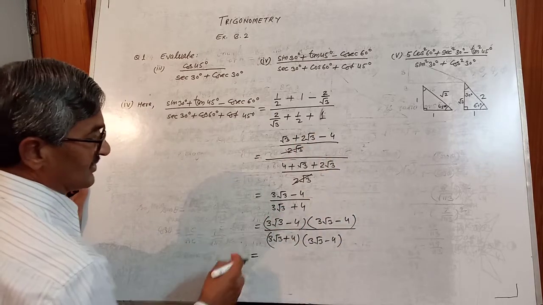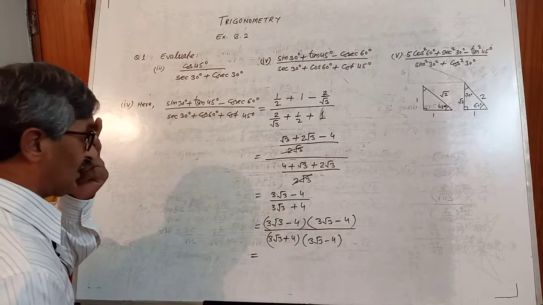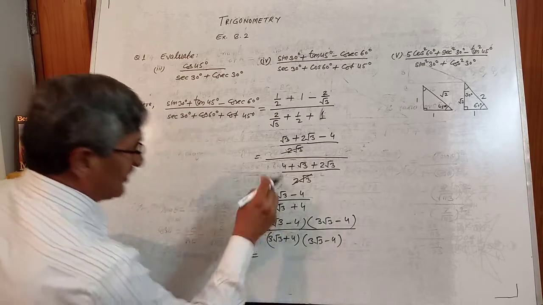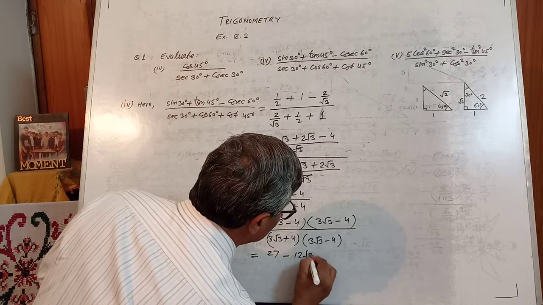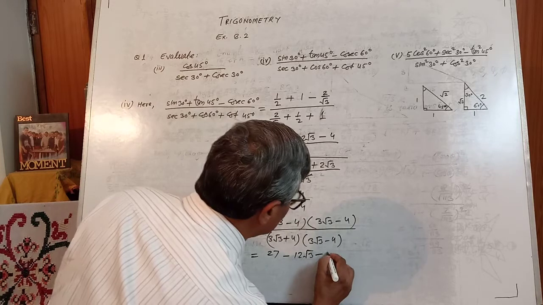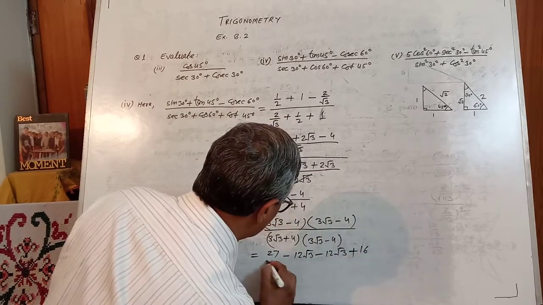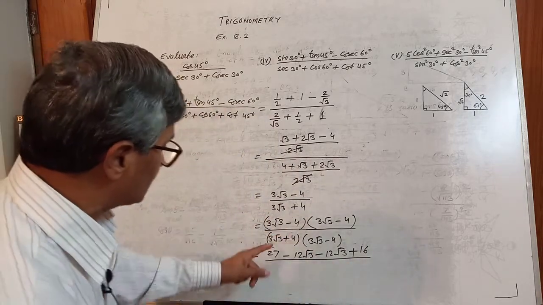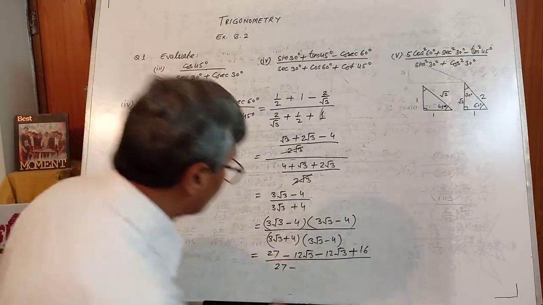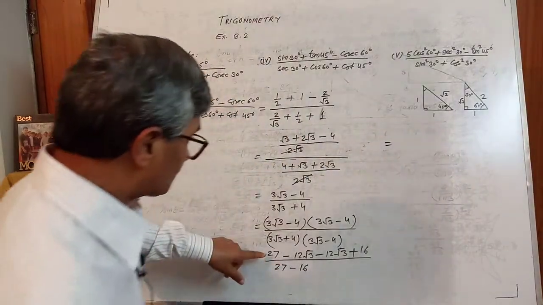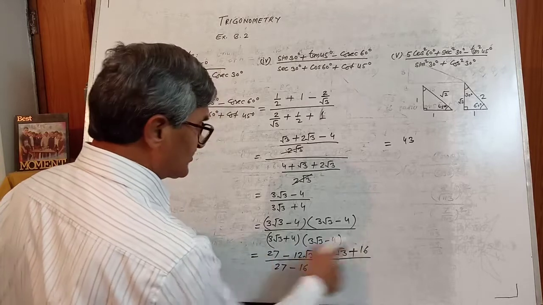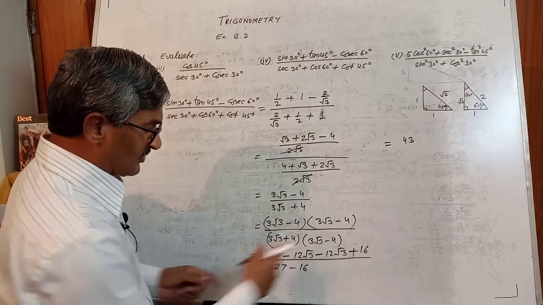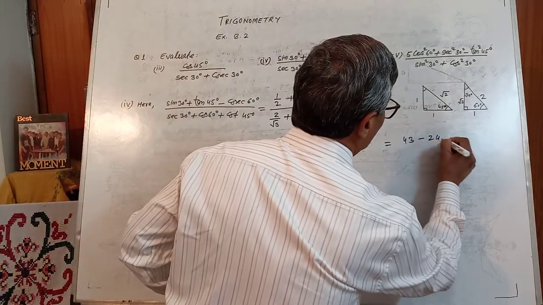Now multiply the numerator. This will be the square of this actually. Simply you can multiply: 3 root 3 squared, 9 into 3, 27; square of 4, 16; and 12 root 3 plus 12 root 3, both are minus, so they will be added, minus 24 root 3.